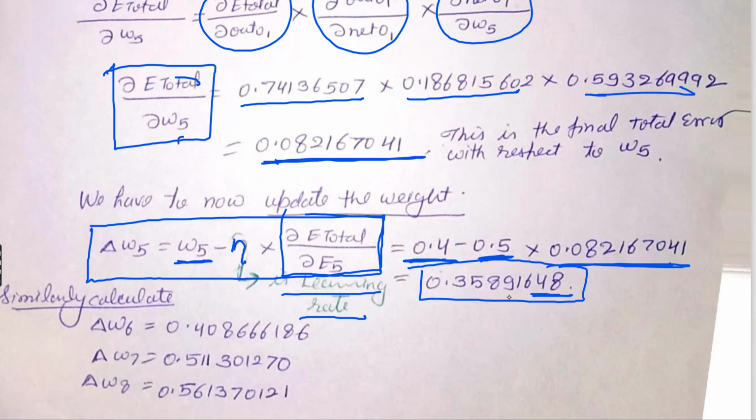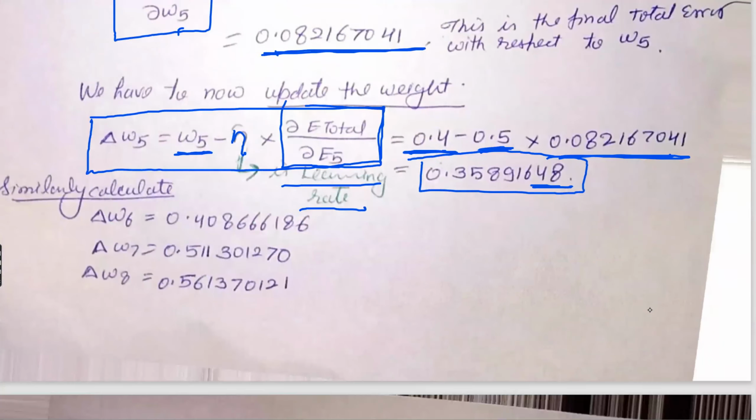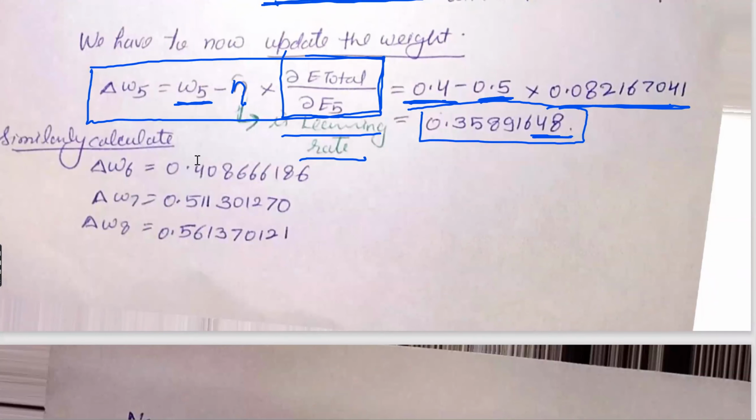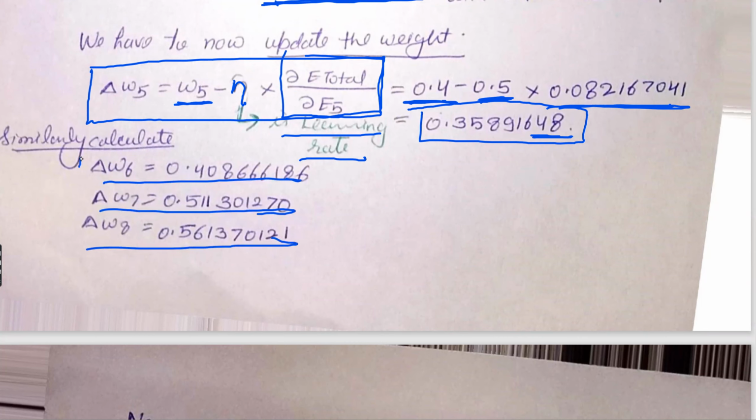In a similar way we will update all the weights. The same process we apply for all the weights, and we have calculated W6, W7, W8. These are the updated values; I have calculated this already.